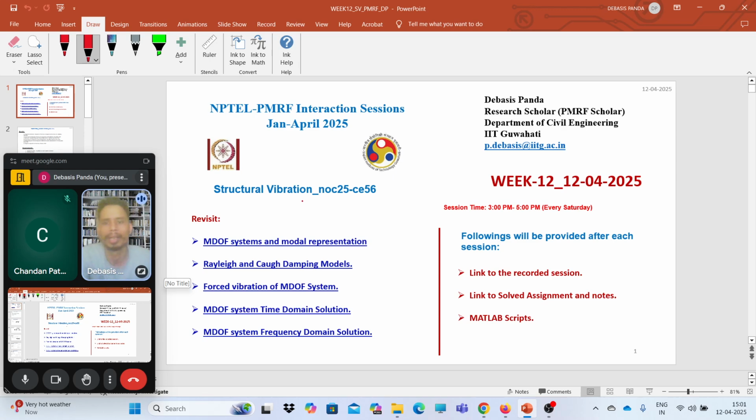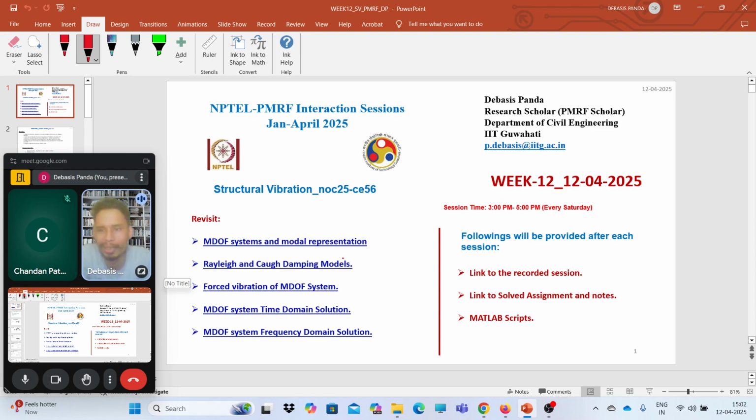We will revisit how we can formulate the equation of motion, then how to solve it, and different kinds of problems related to the Rayleigh and Caughey damping model. Then we will move to forced vibration. We will see how we can solve different kinds of problems, like MCQ, MSQ, and numerical problems. Okay, so we will try to solve it.